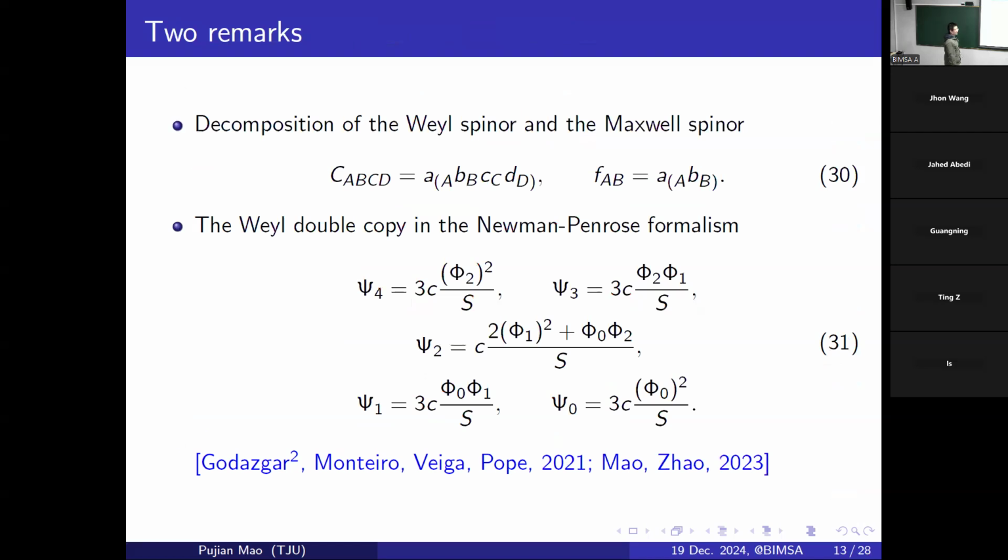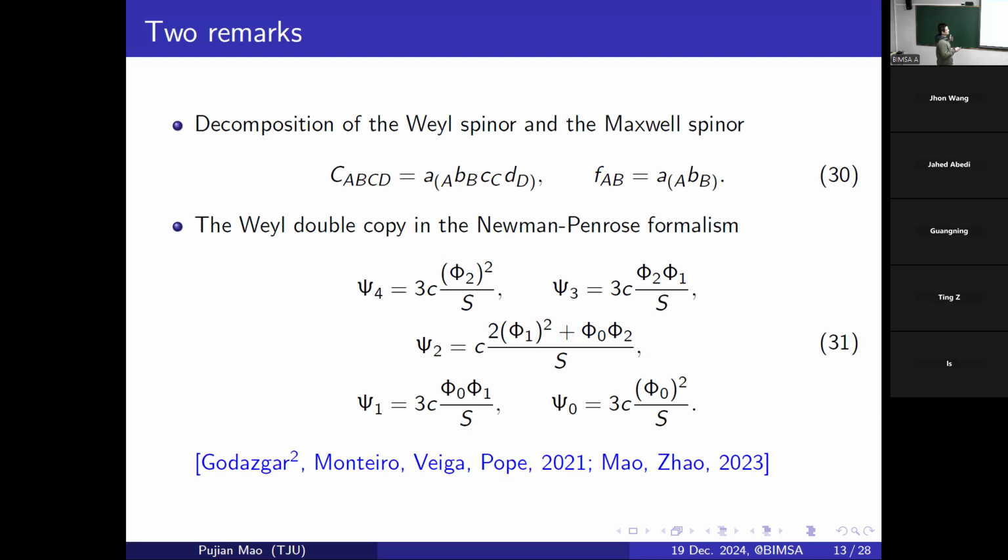Okay, now I have two remarks. The first thing is the decomposition of the Weyl spinor and somehow the connection between the Weyl spinor and Maxwell spinor. Because in this two-spinor language, you can always somehow split the Weyl spinor into this form by 4 independent spinors, and you just symmetrize the index. You can do the same thing for the Maxwell spinor. And then suppose this is a square of this guy.